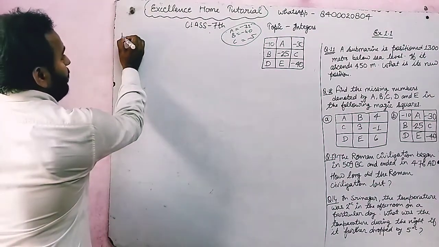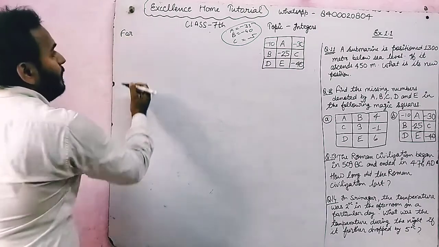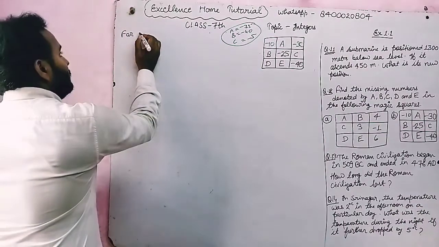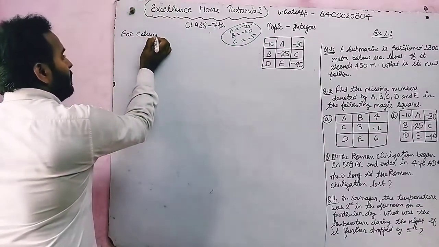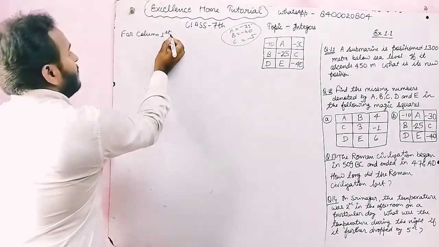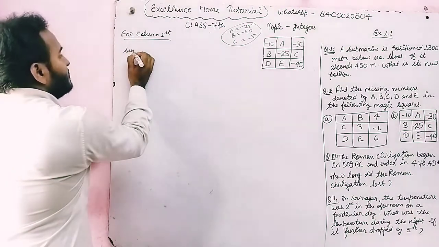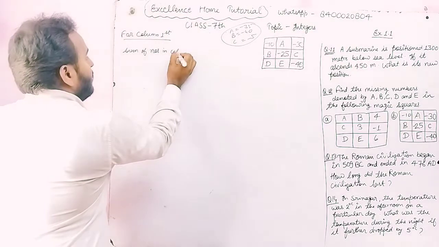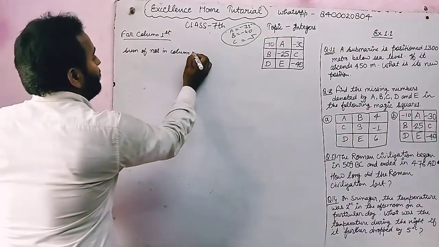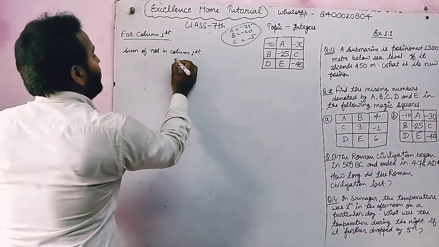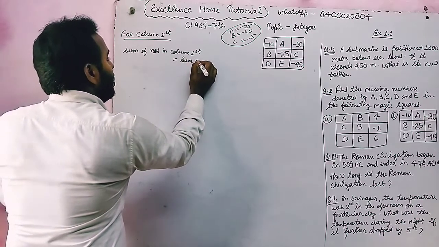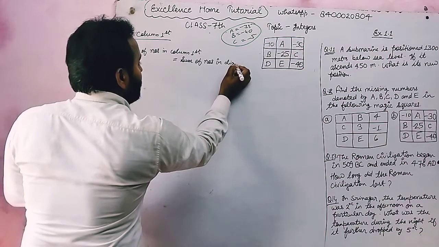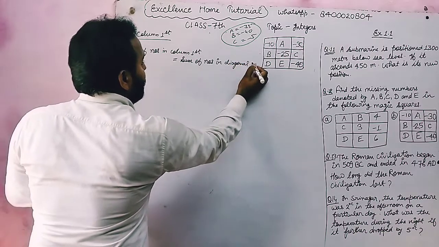So next, for column first, the sum of numbers in column first equals the sum of numbers in diagonal first.